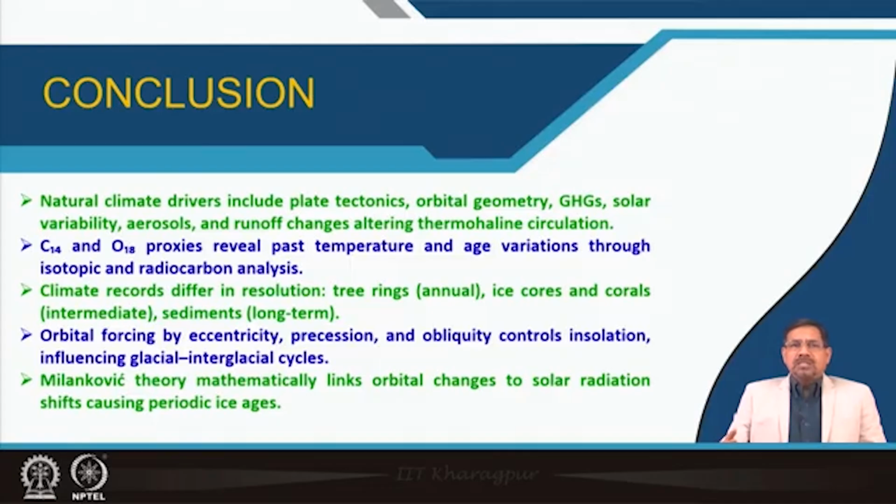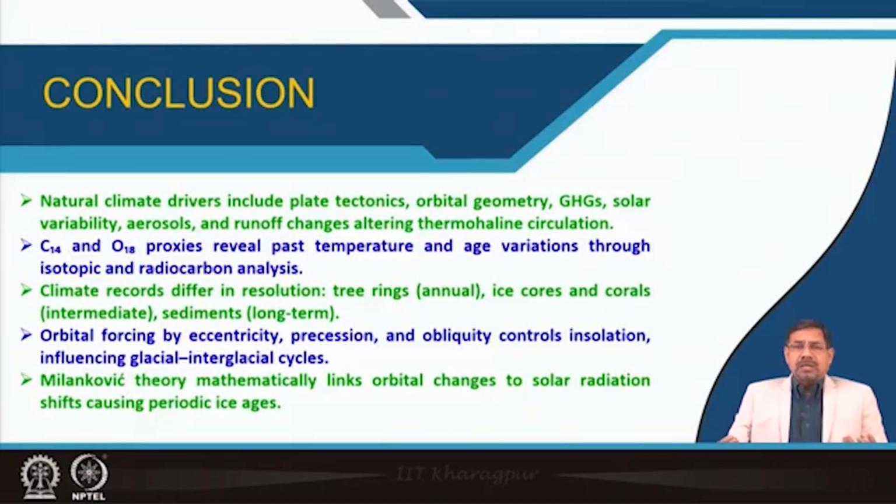The C14 and O18 are isotopes; the originals are C12 and O16. So, these C14 and O18 isotopic proxies reveal the temperature and age variation through radiocarbon and isotopic analysis. The climate records differ in resolution.